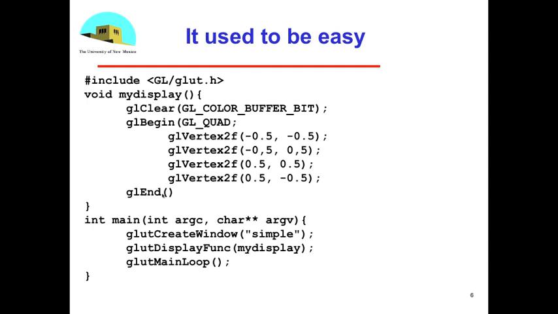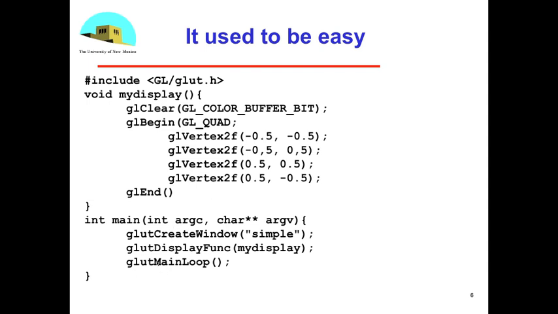As we talked about, I think two lectures ago, as soon as each vertex was specified, it would flow down the pipeline. The begin and the end would say this is a quad, here's the end of its specification, and so we could do primitive assembly further down the pipeline.